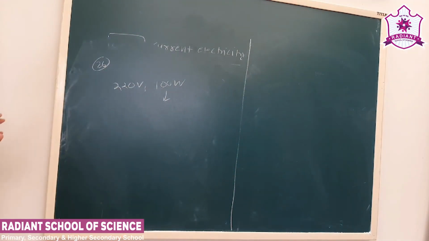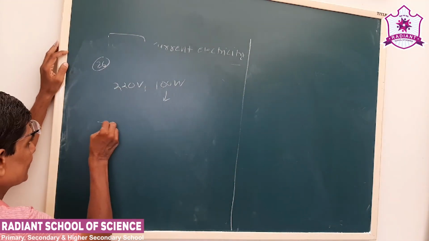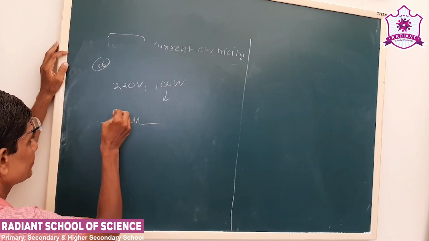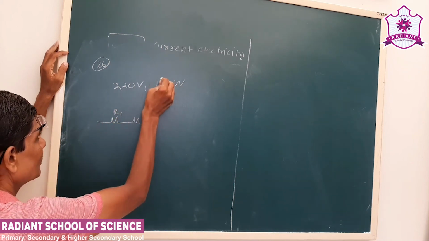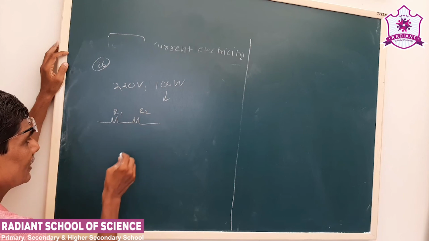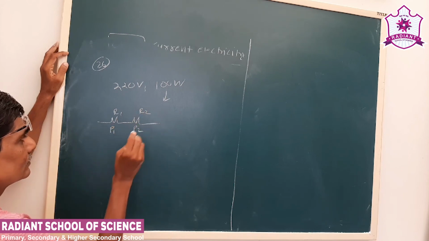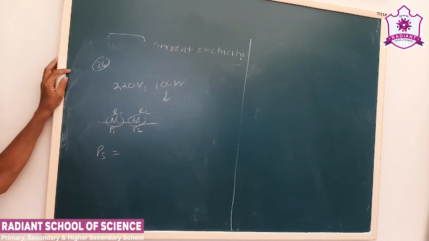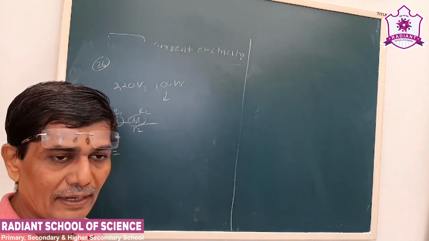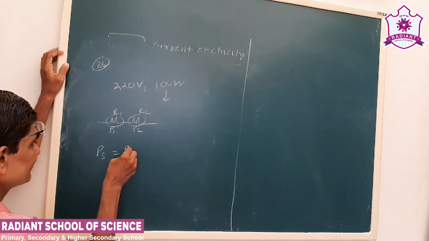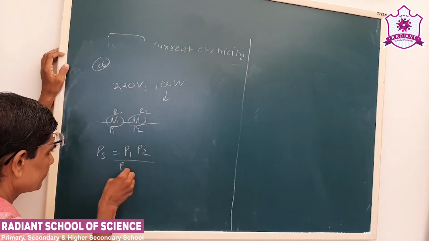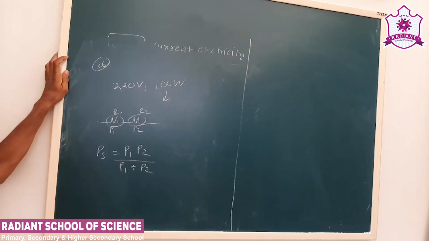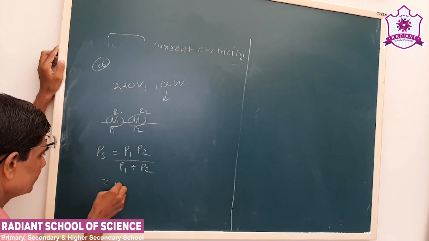Now here, first it is connected in series. These are the bulb resistances R1 and R2. Power is P1 and P2. Now right, equivalent power in series connection. The formula is P1 P2 upon P1 plus P2, that we remember as a formula. So it will be 100.